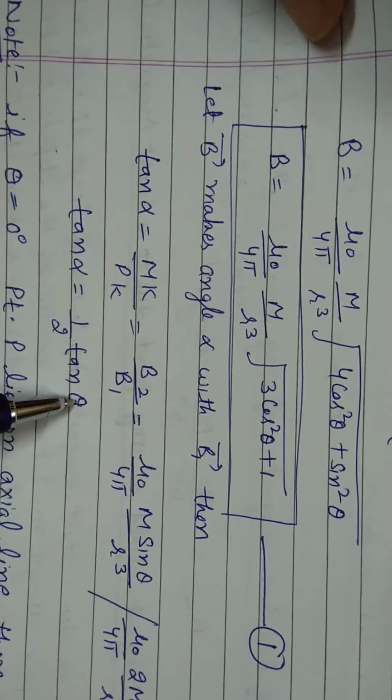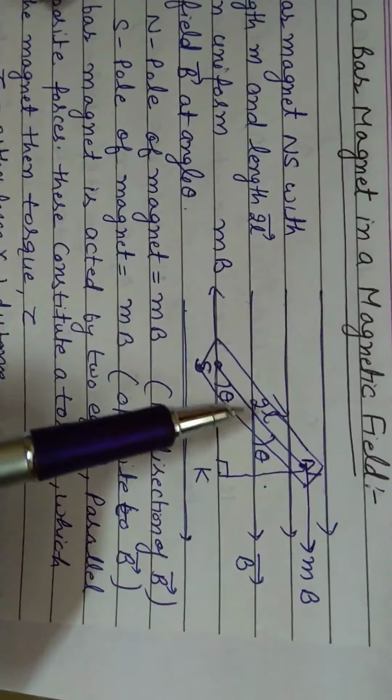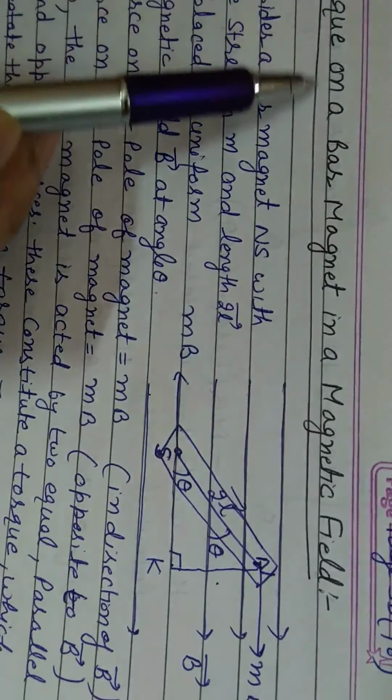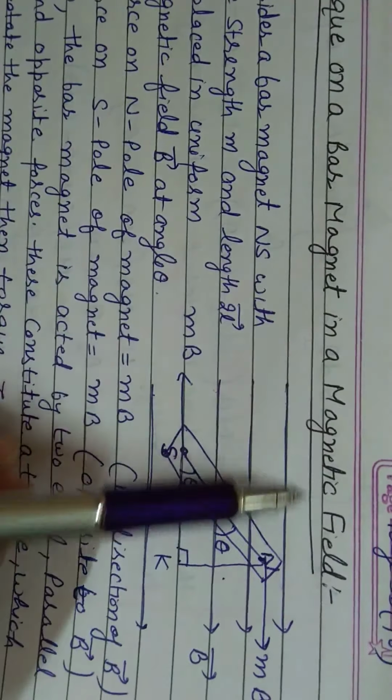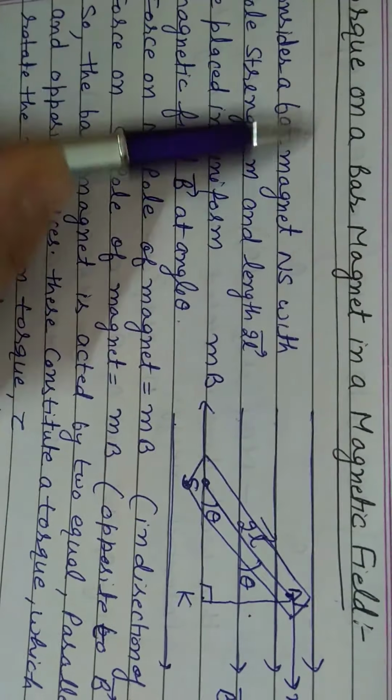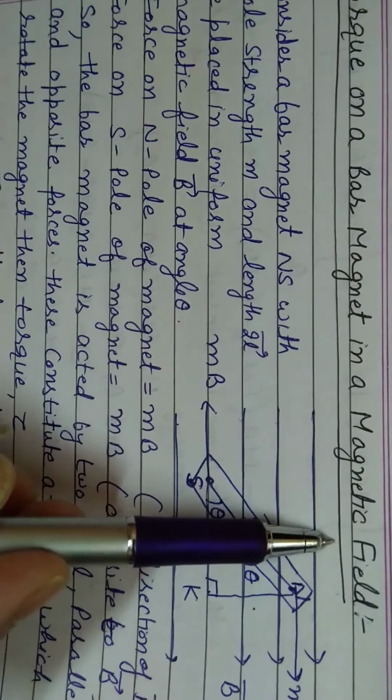Okay, so then if we place the dipole in a uniform magnetic field, the same procedure applies to find the torque on a bar magnet in a magnetic field.